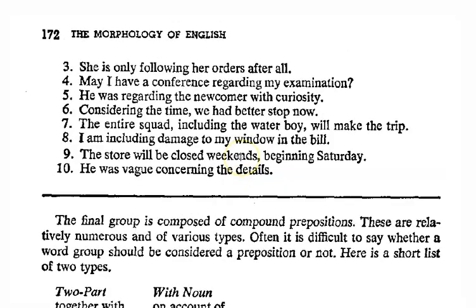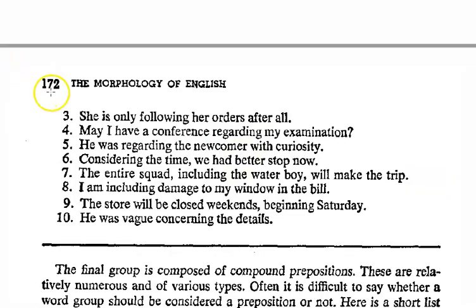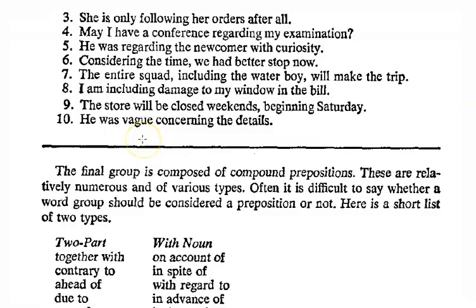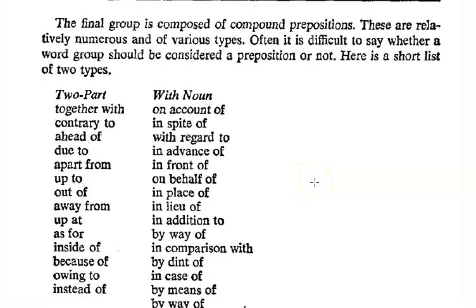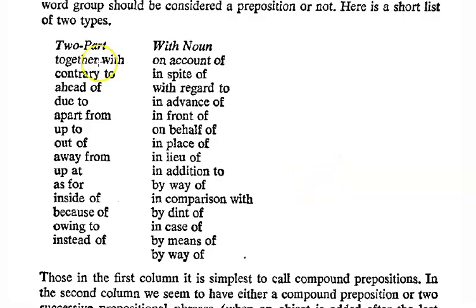Okay, you will find them on page 172 of the book Introductory English Grammar. Now, let's have a look at them. Now, together with, together is a preposition, and with is a preposition. Now, together with, we use a noun after them here.